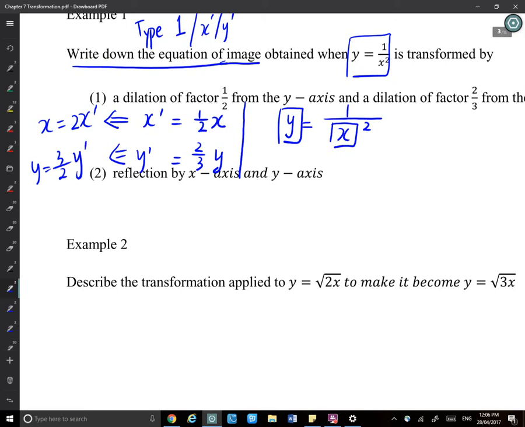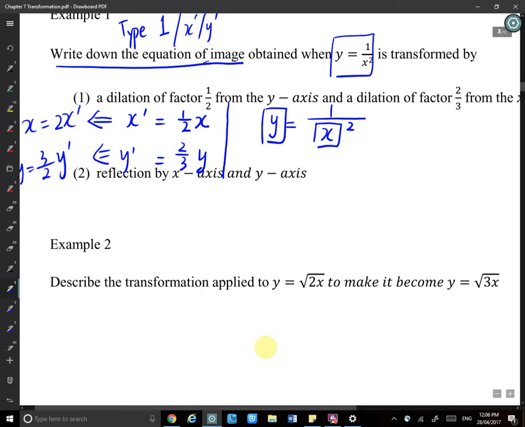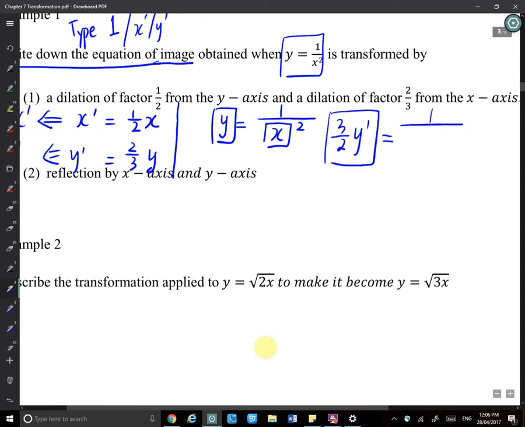And make x, y the subject. Then 3 over 2 y dash equals 1 over 2x dash, all squared. Okay, replace the x and y.